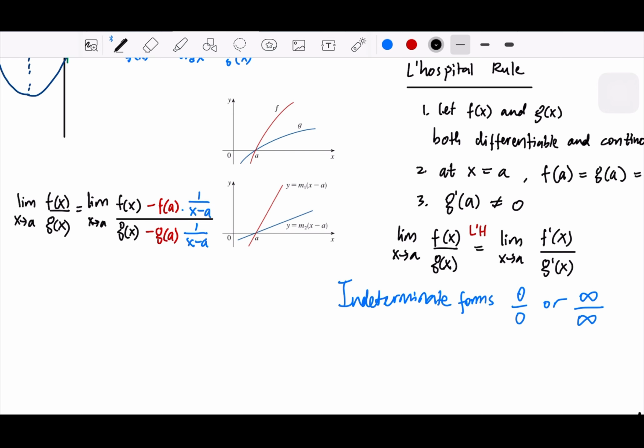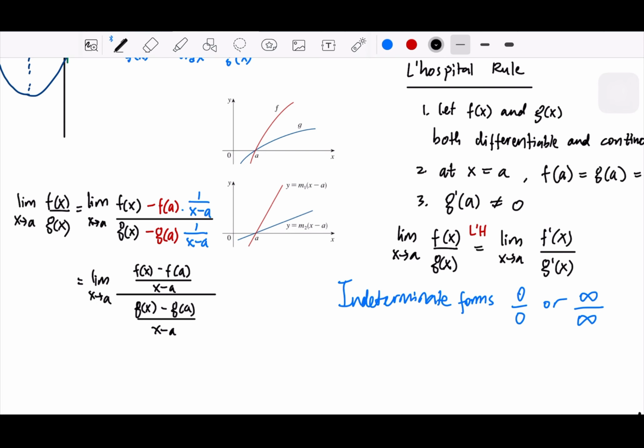And if we think clearly from these equations, we now have f of x minus f of a over x minus a and g of x minus g of a over x minus a, in which these two are definitions of the derivative, right?